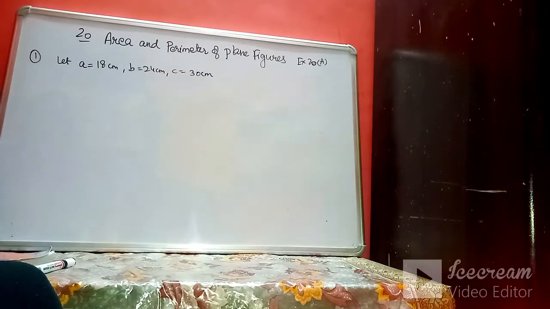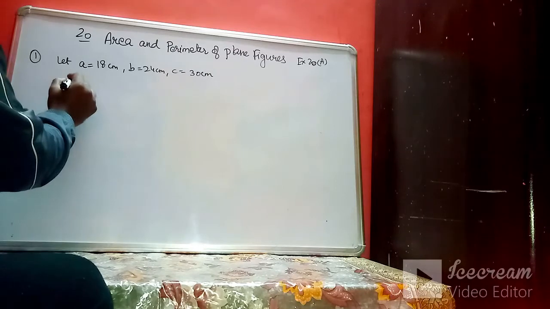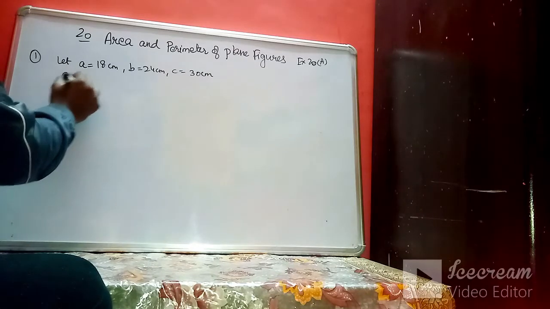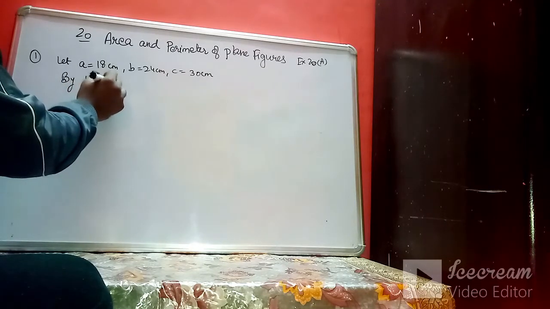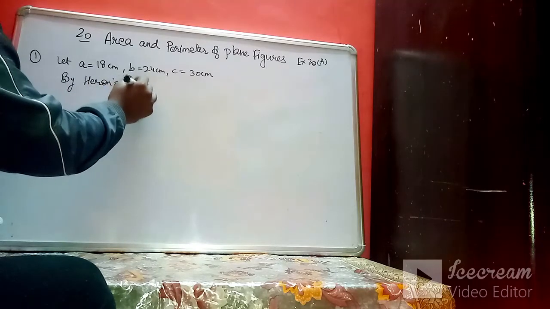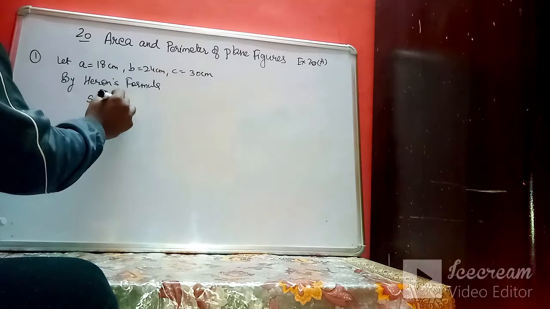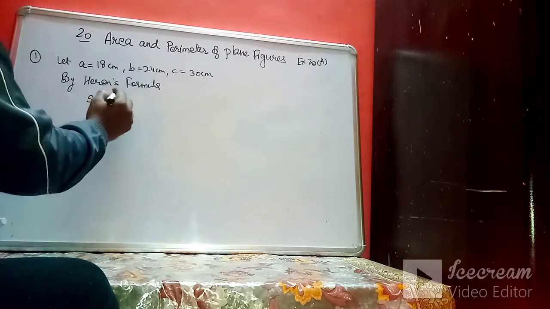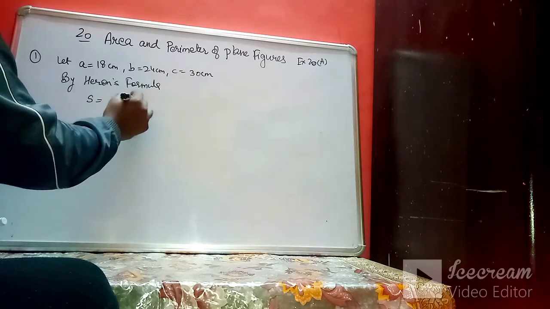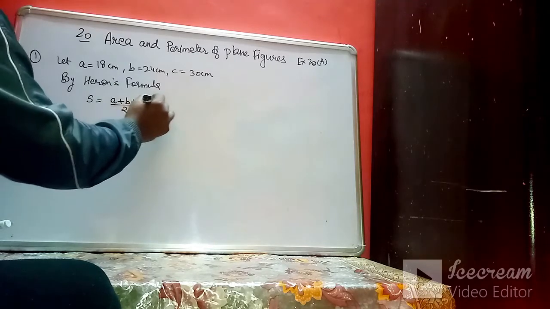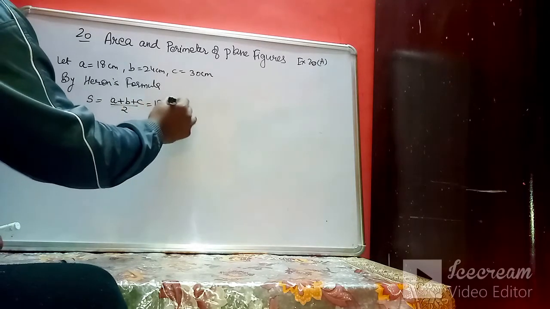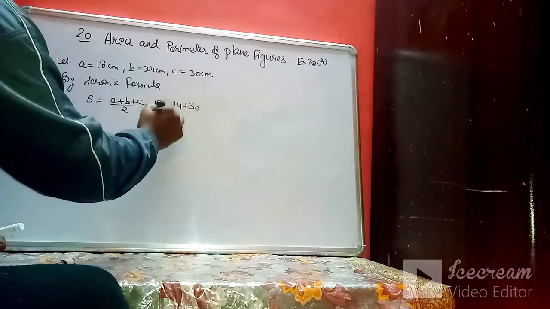So what we can do? We can use Heron's formula. By Heron's formula, and what was Heron's formula? First we will calculate the semi-perimeter, that is A plus B plus C by 2, 18 plus 24 plus 30 by 2.